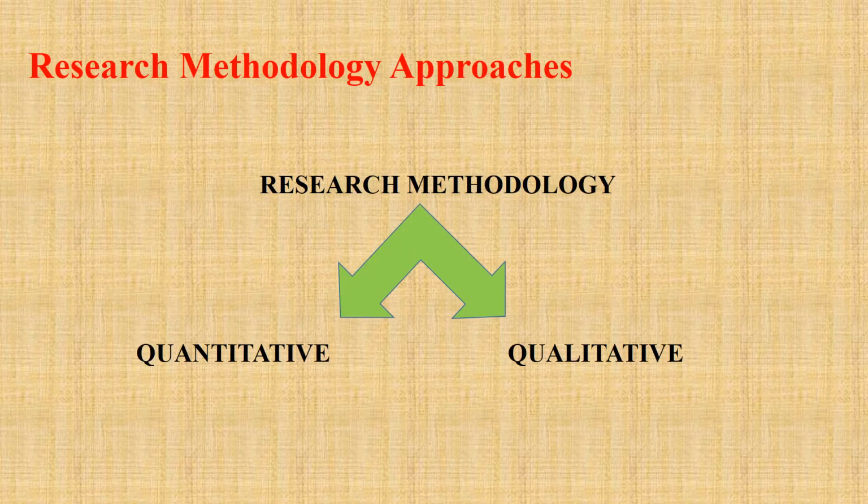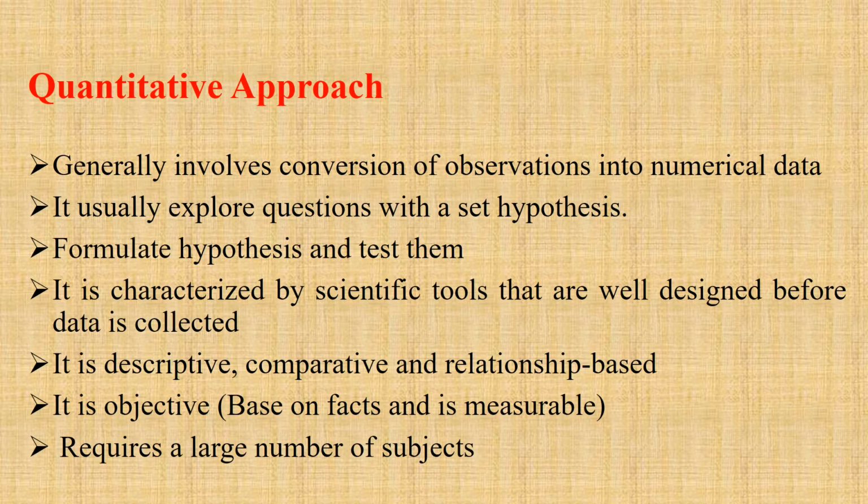Now, research methodology is divided into two approaches. Okay, you can either use the quantitative approach, or you use the qualitative approach. What is there for the quantitative approach and what is there for the qualitative approach?